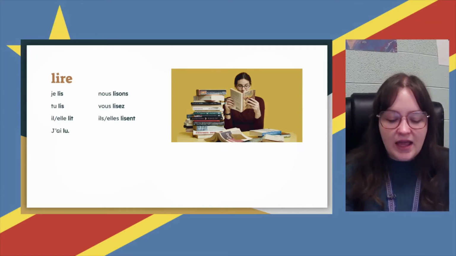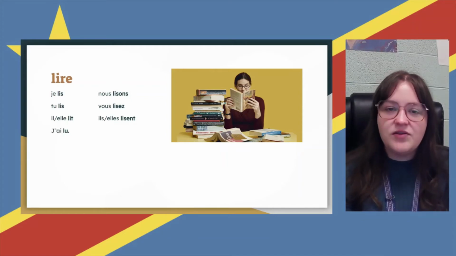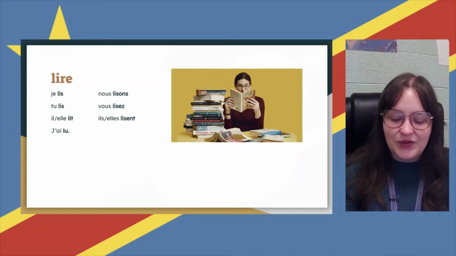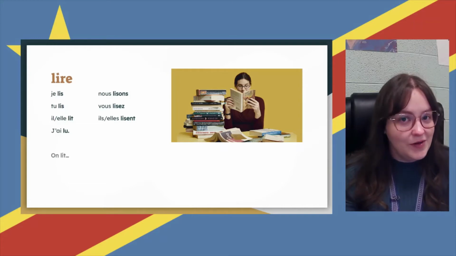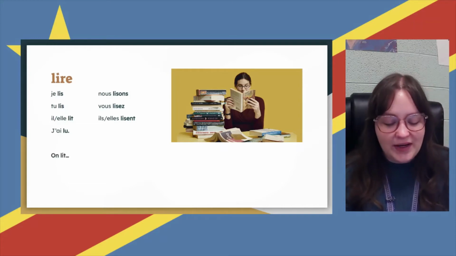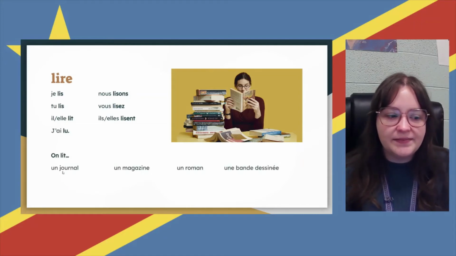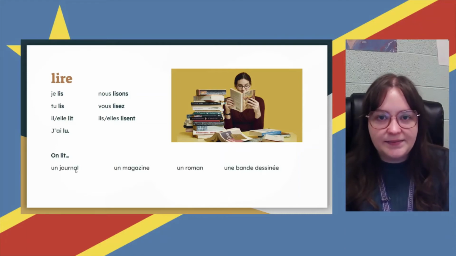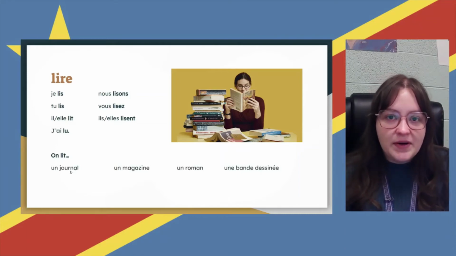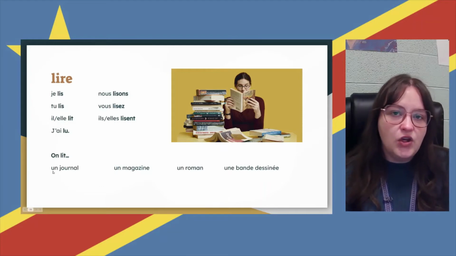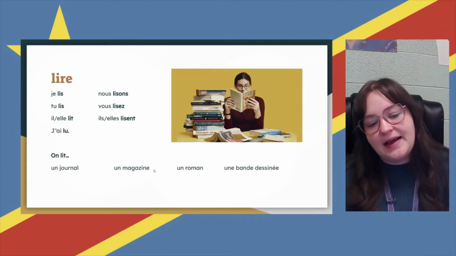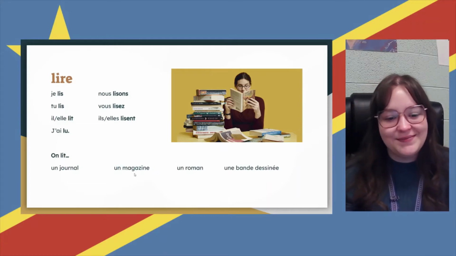Okay, and then here's just some vocab that goes with the verb to read. Some things you might read. So on lit, one reads. Un journal, which means a newspaper. Then un magazine, which is a magazine.